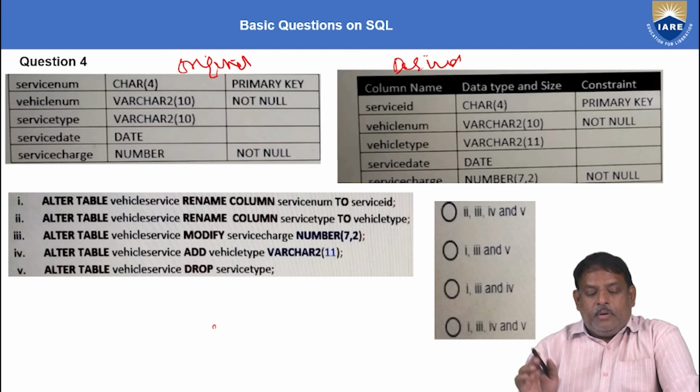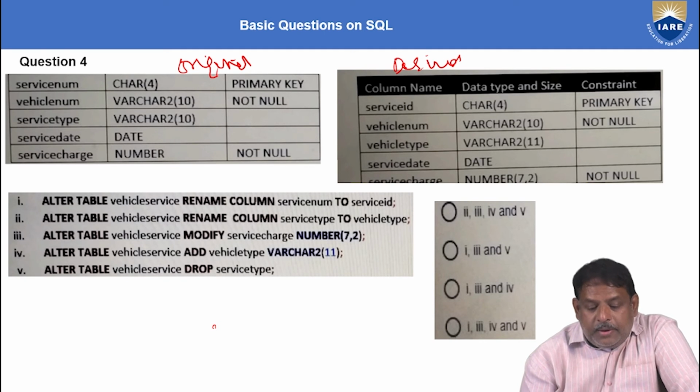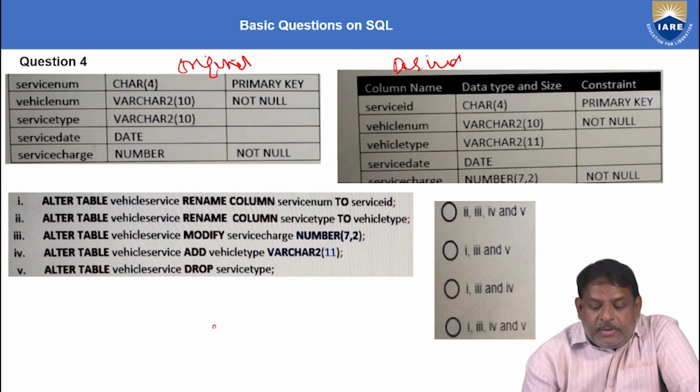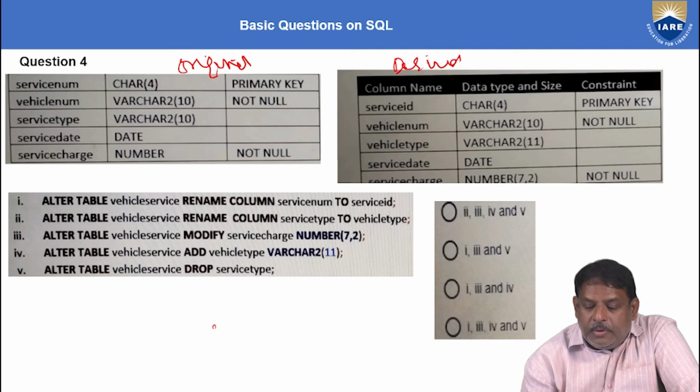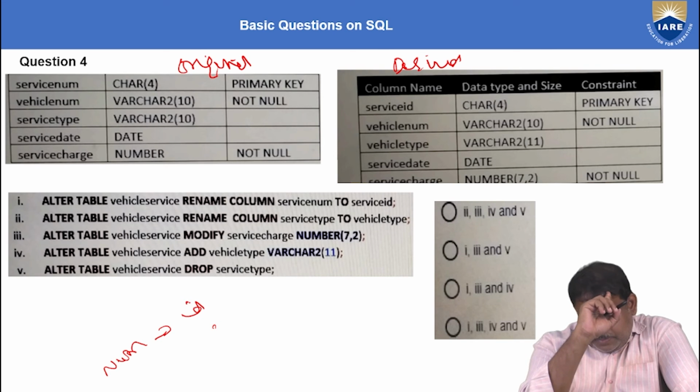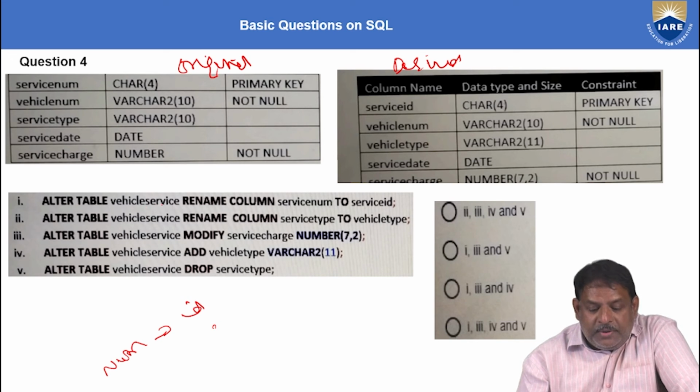Okay, here now we'll see the service number. Service number is varchar for primary key. Here it is service ID. So service number must be changed to service ID. So table name is vehicle service.